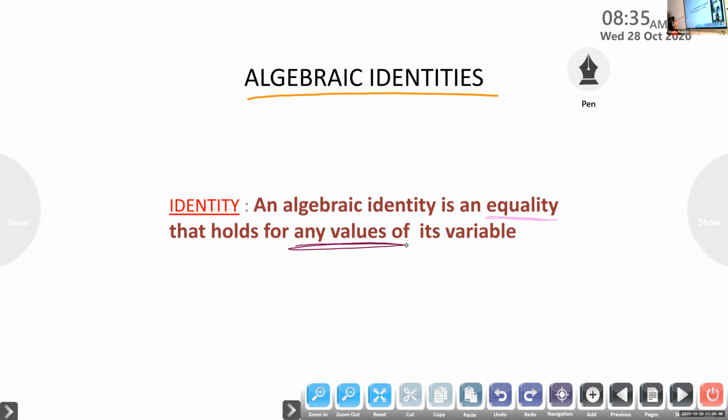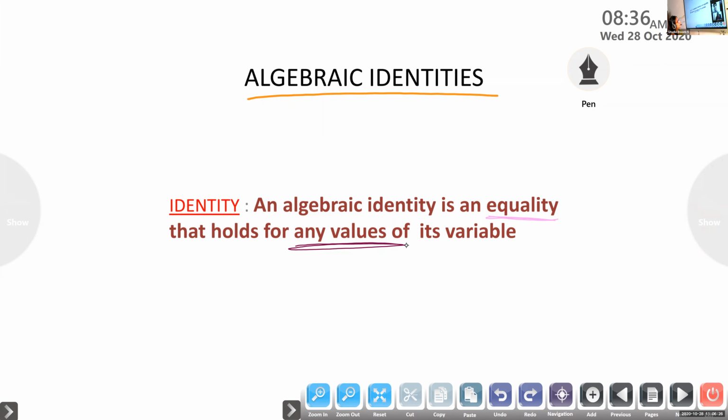Joseph, read that sentence. An algebraic identity is an equality that holds for any values of its variable.